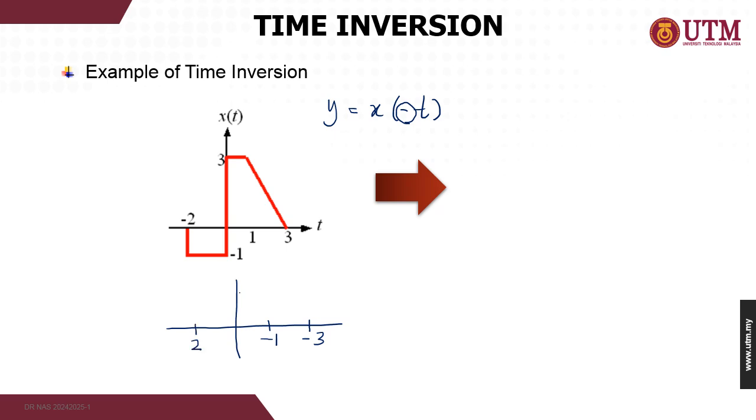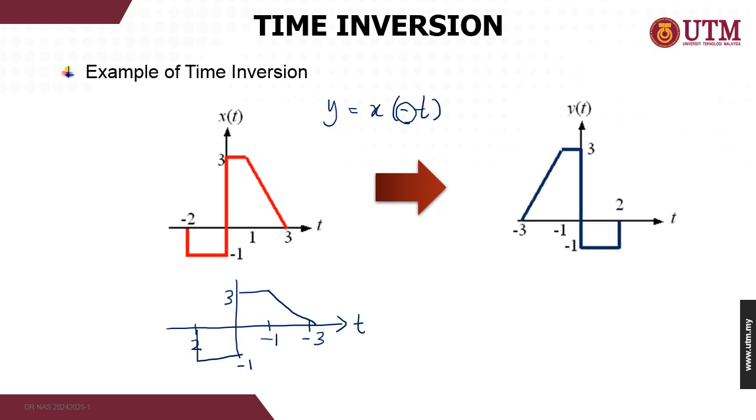Here the amplitude is 3, and the bottom one is minus 1. You need to rearrange the axis back. The final outcome will be this. You need to flip the negative axis to the left hand side and the positive axis to the right hand side.